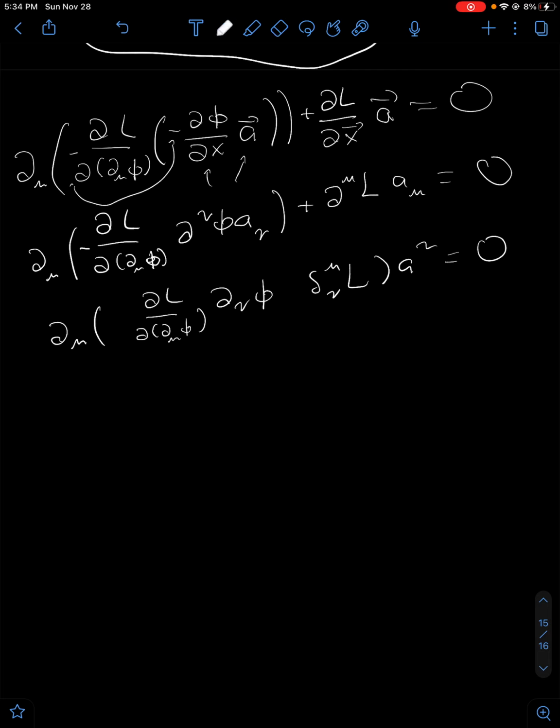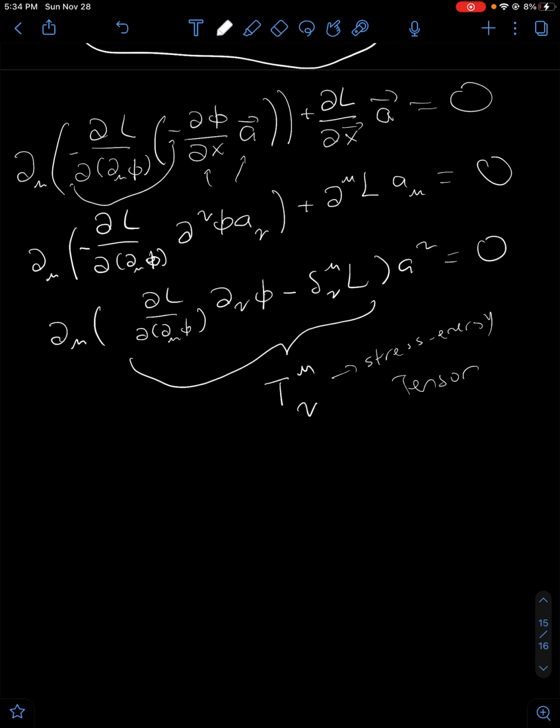So we multiply both sides by -1. This makes this become a minus, and this is just 0 times -1, which is still 0. Anyways, we define this as T^μν, which is defined as the stress energy tensor that you guys may have seen from general relativity.